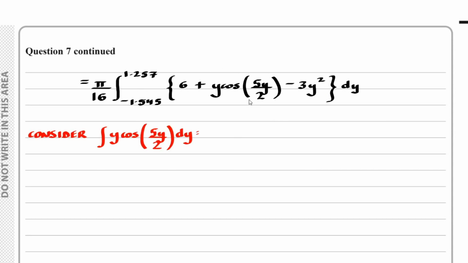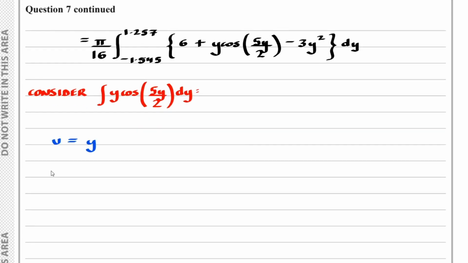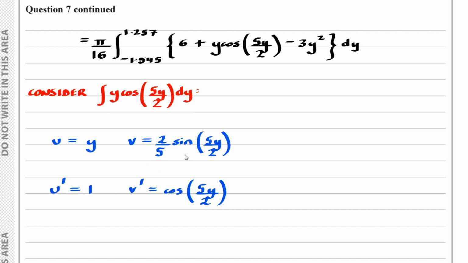Now here, let's consider this integral of y times the cosine of 5y over 2. We've got two functions being multiplied by each other, so we'd have to use integration by parts. If I let u equal y, u dash will equal 1. And if I let v dash equal the cosine of 5y over 2, that means v will equal 2/5 times the sine of 5y over 2.